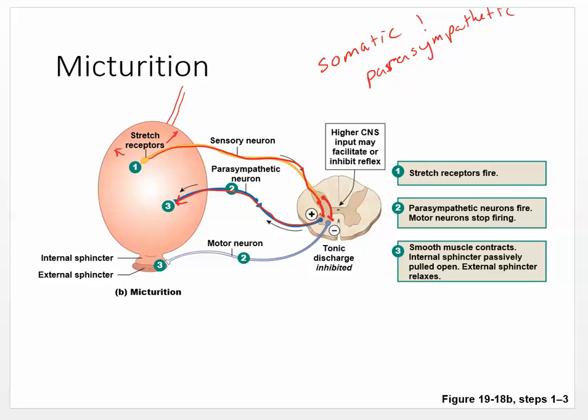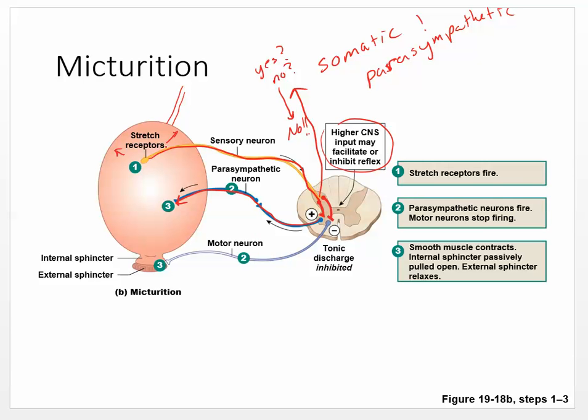At the same time, it's sending a signal up to the brain asking, should we or should we not? And the brain might send back a message that says no, and then you won't urinate.